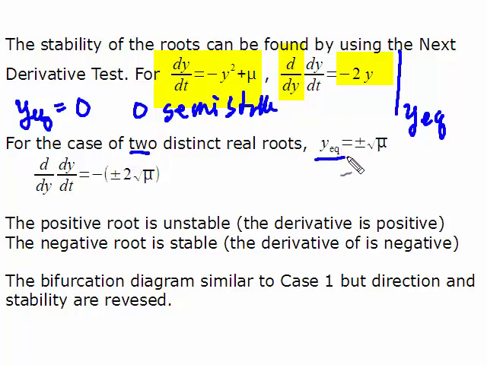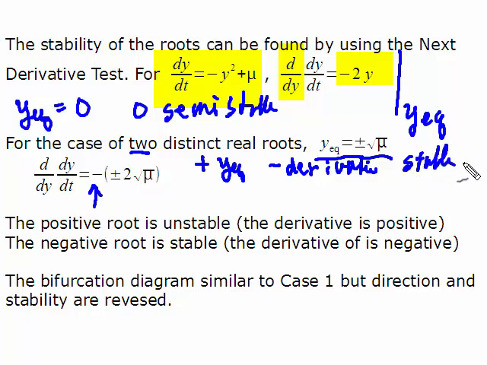For the case of the two distinct roots, we had y equilibrium equals plus or minus the square root of mu. If you put that equilibrium value into that equation, you end up with another negative sign. So the plus root, the equilibrium value that's positive, will have a negative value for the derivative, and that will make that stable.